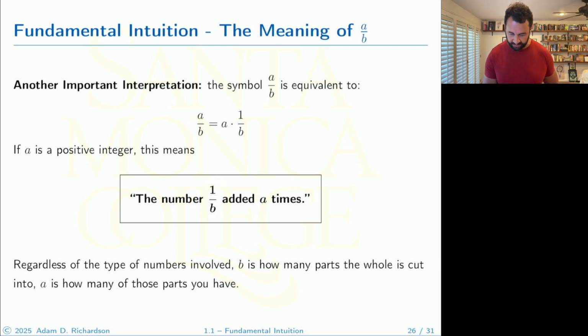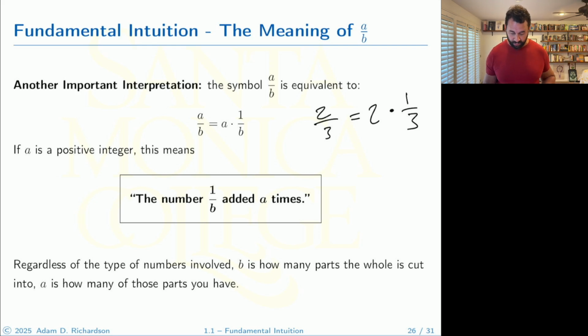So for example, if you had something like 2 over 3, you could rewrite this as 2 times 1/3. And that means to add 1/3 two times. So I've got 1/3 and I add another third to it. I have 2/3. Voila. That's where 2/3 comes from, right? Remember, addition is just bringing together.